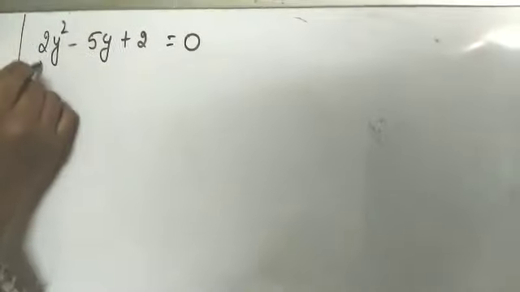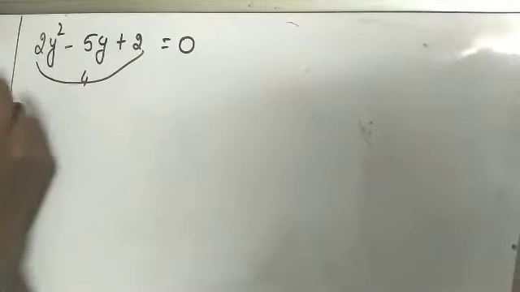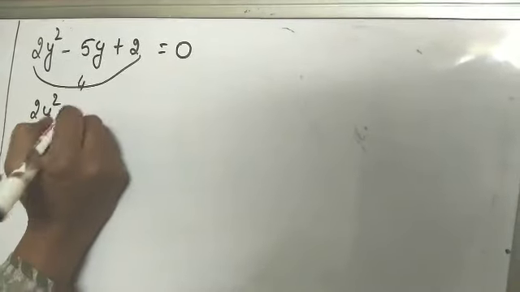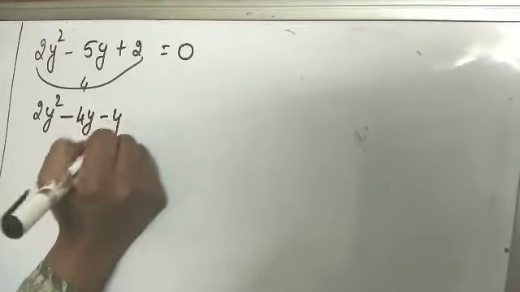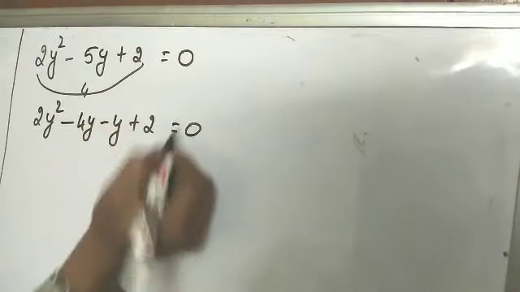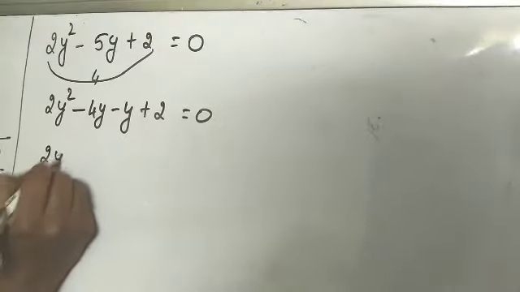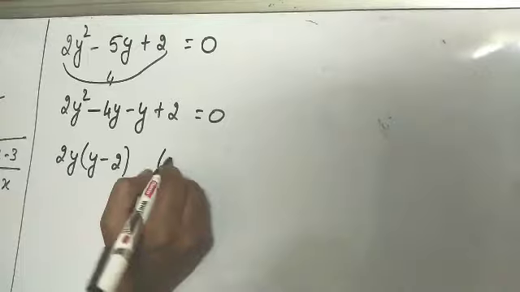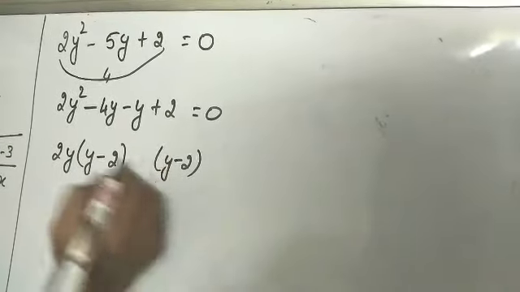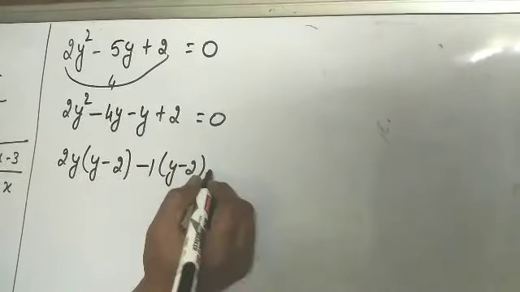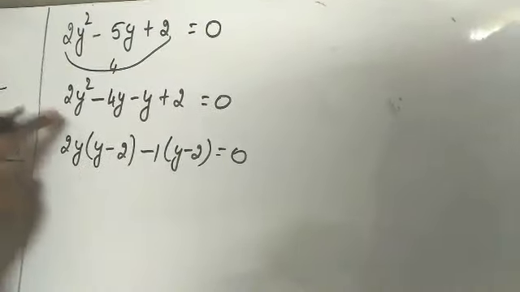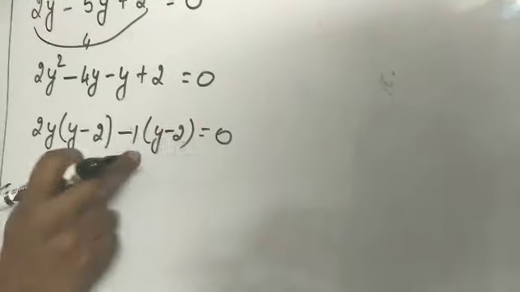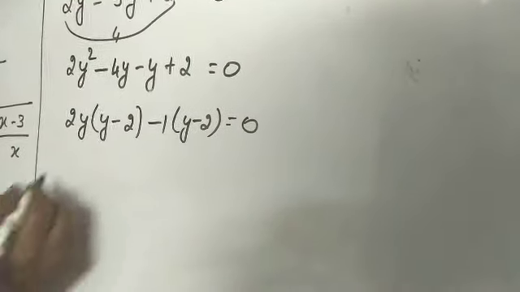Now 2 2s are 4 and 4 plus 1 is 5. So 2y square minus 4y minus y plus 2 is equal to 0. Then 2y, y minus 2 and y minus 2 and here you put minus 1 is equal to 0. 2y into y, 2y square minus 4y then minus y plus 2 is equal to 0.